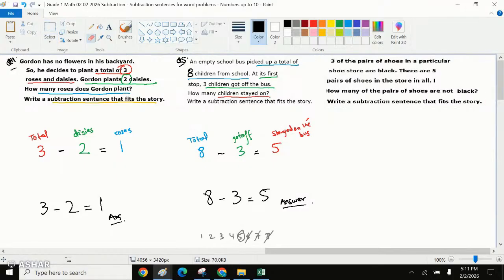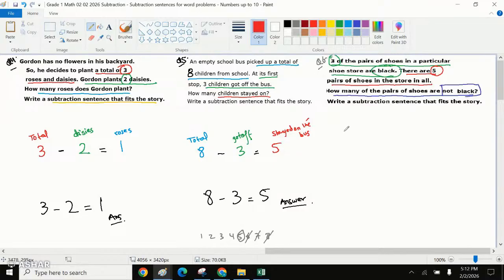Okay. And question number 6 states that 3 pairs of shoes in a particular shoe store are black. 3 of them are black. There are a total of 5 pairs of shoes in the store. So they're asking us how many pairs of shoes are not black.